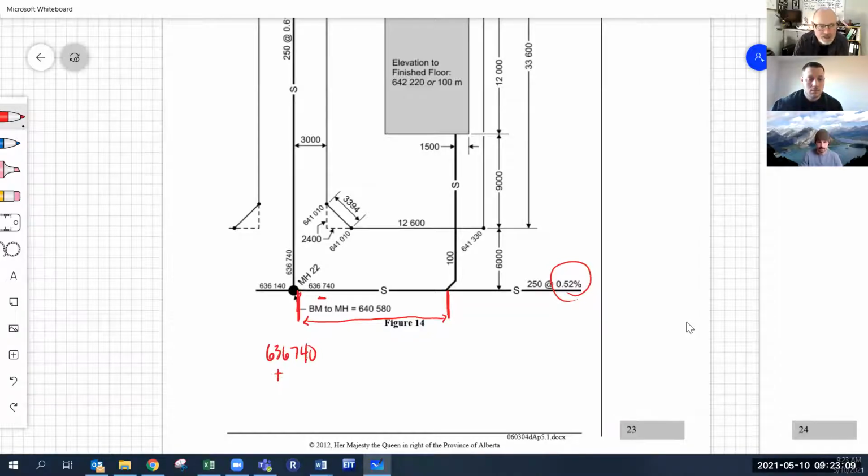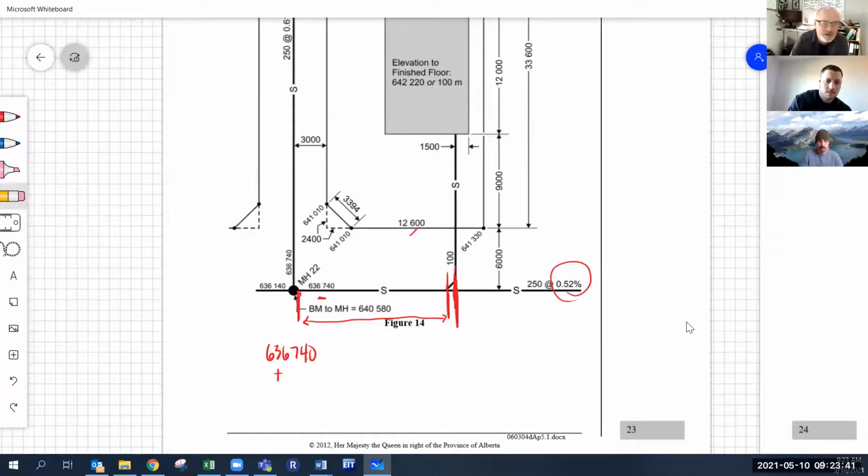So how much is this distance right here? Well, we might have to go to here. So take a minute and find out this distance. Where'd you get the 6 from? Oh, I see. You got it from here, but let's go to the pipe.